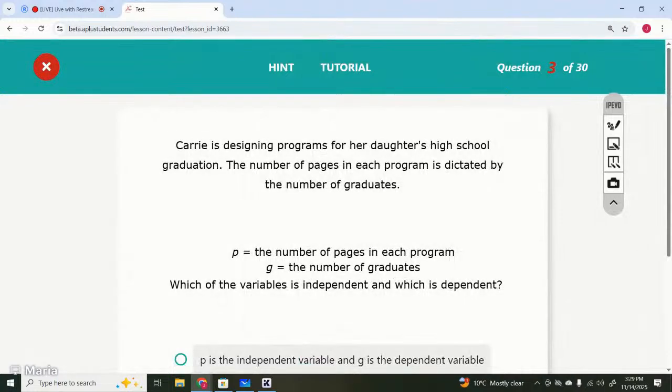Carrie is designing programs for her daughter's high school graduation. The number of pages in each program is dictated by the number of graduates. So P equals the number of pages in each program and G equals the number of graduates.